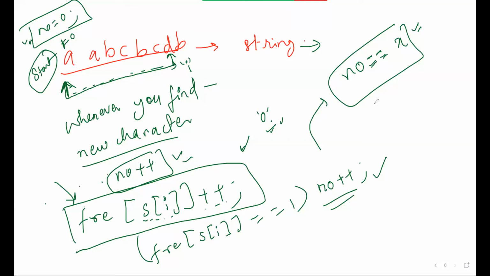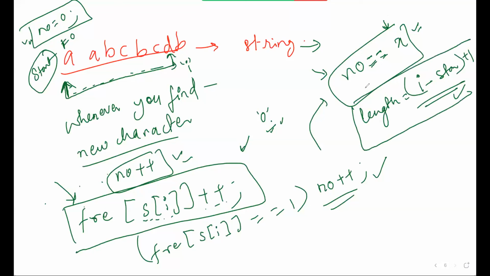The length of that is going to be current index minus start point plus 1. Whenever for the first time the number of distinct characters is equal to x, you update the value of length. This length stores the minimum length possible, so the first time you get any length, you initialize it to this value.